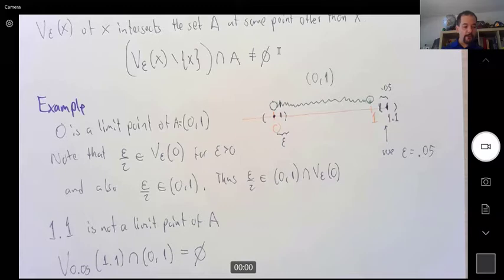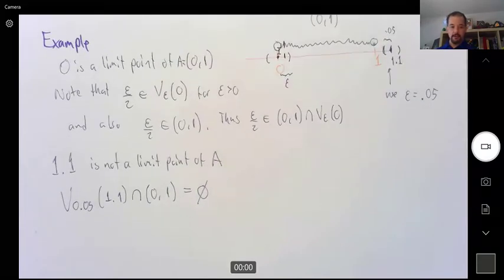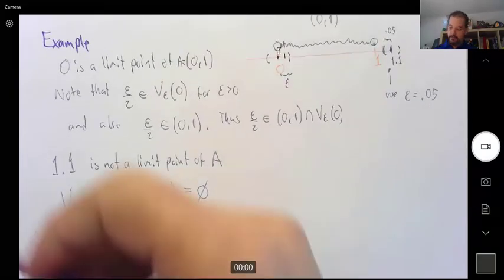Good. Now, maybe you're wondering why they are called limit points. That's our first theorem, which will probably say why we use that name.